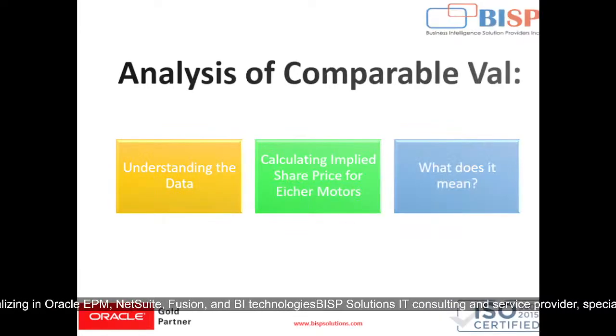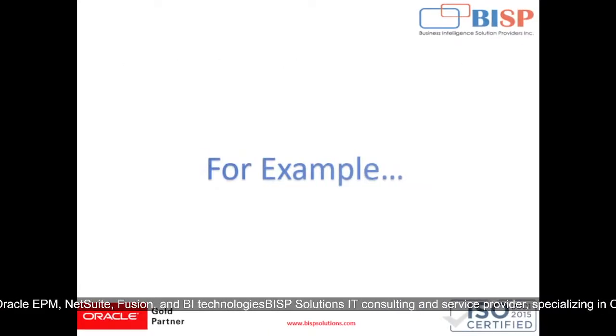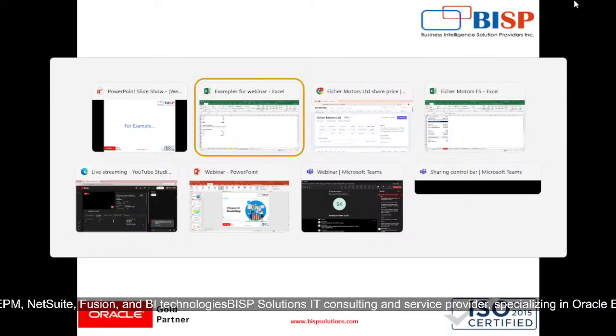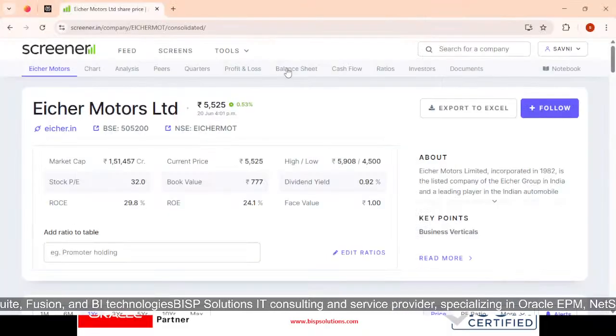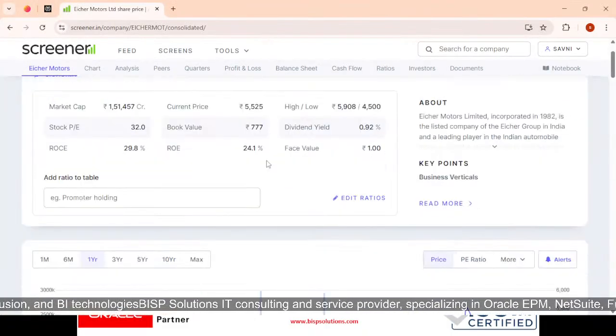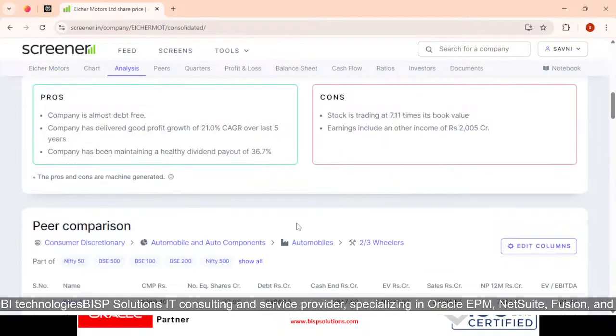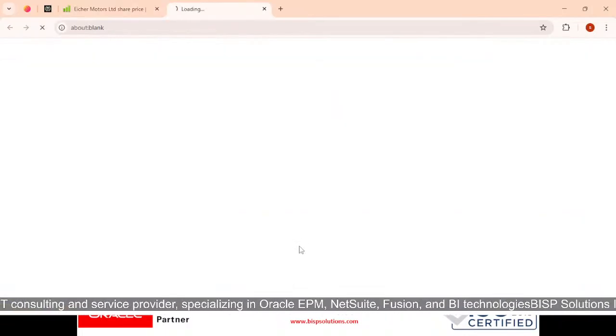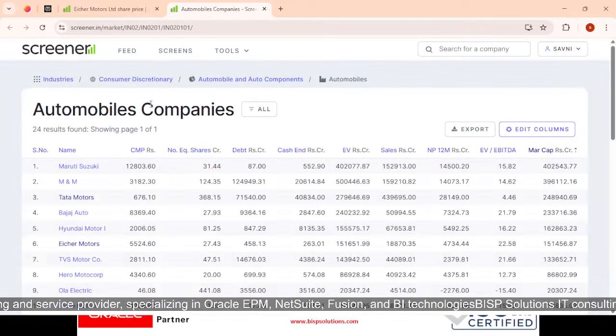So now we will be doing comparable valuation, right? For doing that, first of all, we have to go to screener.in and then go down, and here we will get our peer comparisons. In peer comparison, we will go to automobiles, where we get data for the companies operating in the same industry as Eicher Motors.